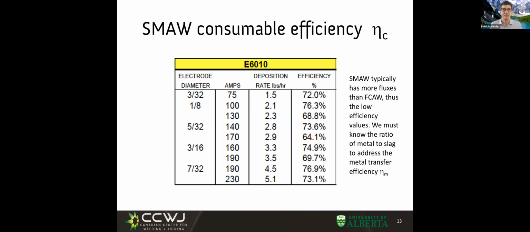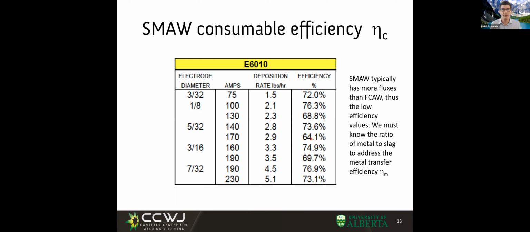The beauty of this is that we started by talking about the different processes. We talked about metal transfer, and now we are talking about how these numbers affect you. Then we talked about the deposition rate without knowing where the metal goes. Now we're doing a mass balance, and we put this knowledge together to say, I know how much metal I'm putting in place.